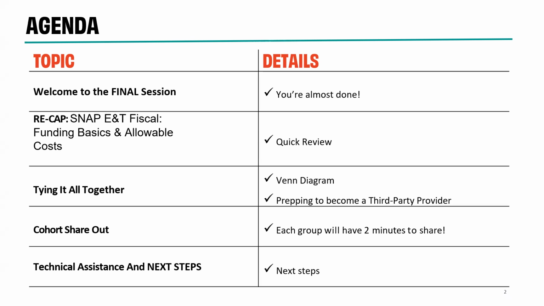So full circle from the very beginning when we viewed the Venn diagram to becoming prepared to making application to become a third-party provider. Then we'll have our folks that are joining us today share out about their journey, and then we will talk about next steps.